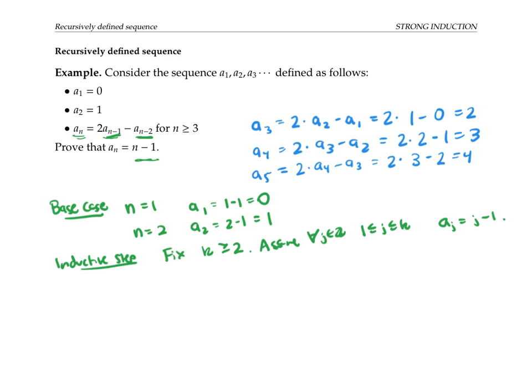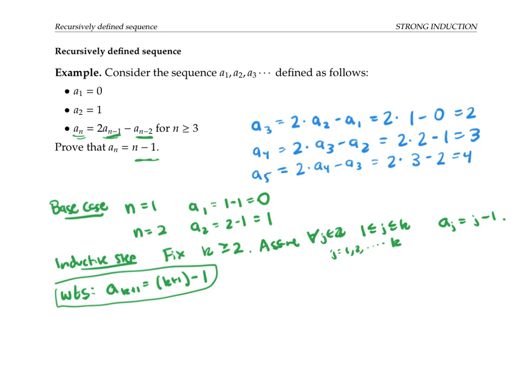This is our inductive hypothesis, that our proposition is true for j equals 1, 2, all the way up through k. And now we want to show that the proposition is true for k+1. That is, that a_(k+1) equals (k+1) minus 1. That's our proposition with k+1 plugged in for n here and here. So this is what we're trying to show.